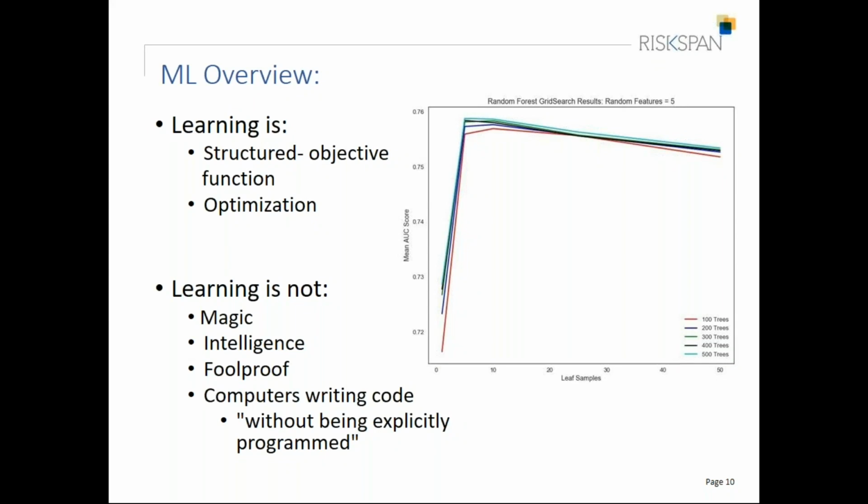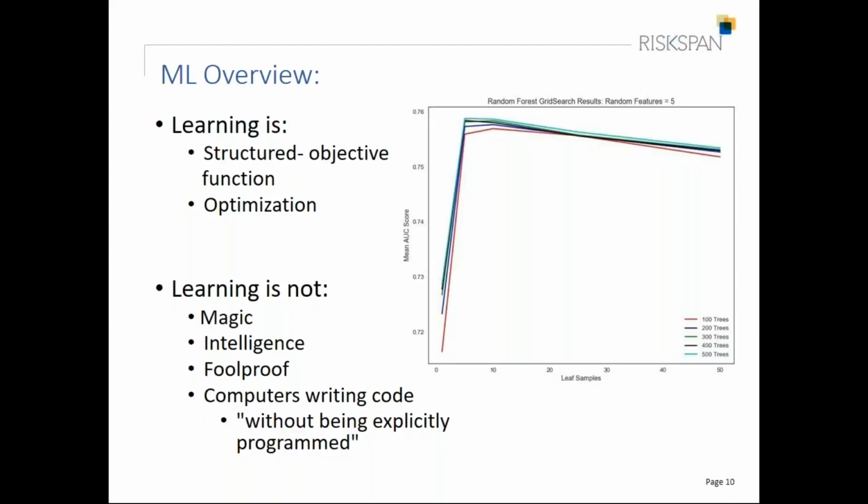It requires this structure. It's also not intelligence in the way that we typically think about it. It's not foolproof, in that if you don't structure your objective appropriately and gather appropriate data, you're not going to get great results out of it.